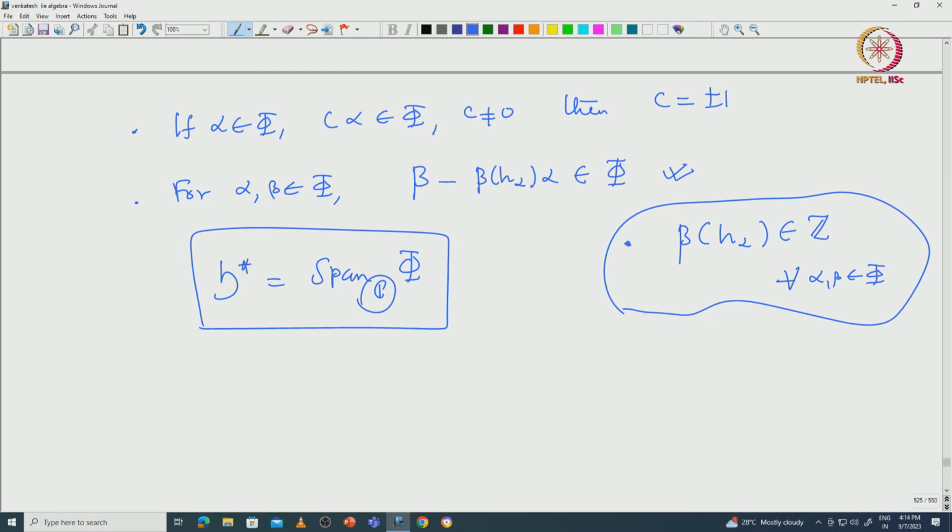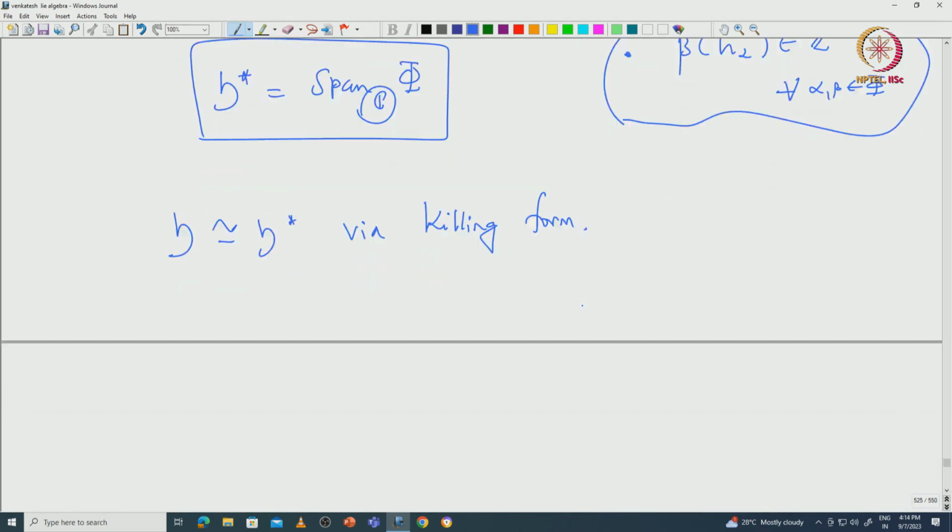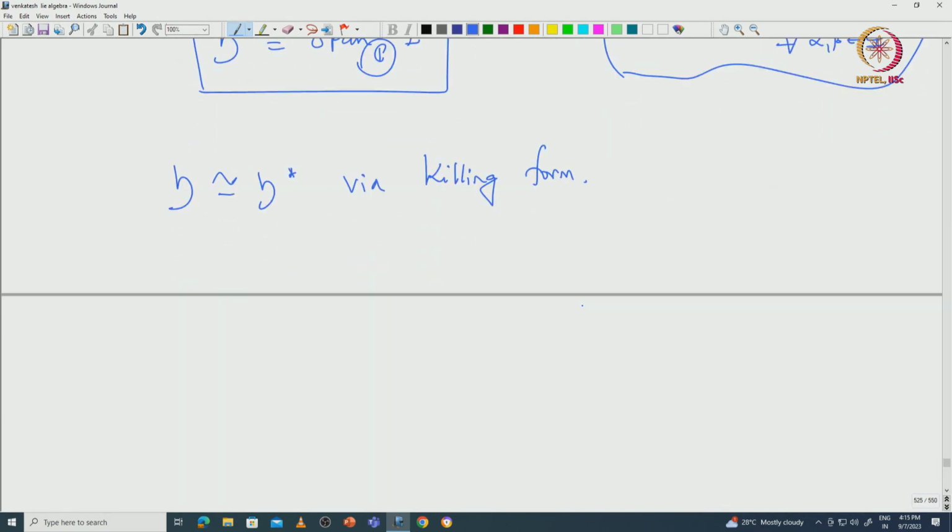For that purpose let us recall what we have done so far. We have identified H with H star via the Killing form. This is something very important, we will use it again and again. If you recall how we did it, we have the map from H to H star, h goes to kappa of h comma dash.